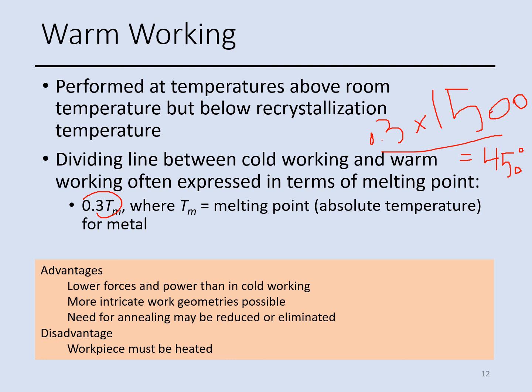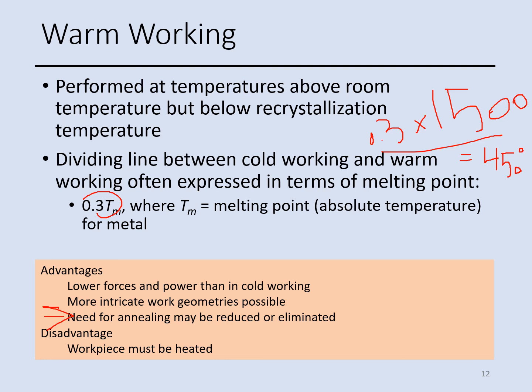And the advantage is that because the material is hot, we need lower force. It can be deformed easily. So we need lower power or lower forces. We can have a workpiece with a complex geometry, and the need for annealing can be reduced.